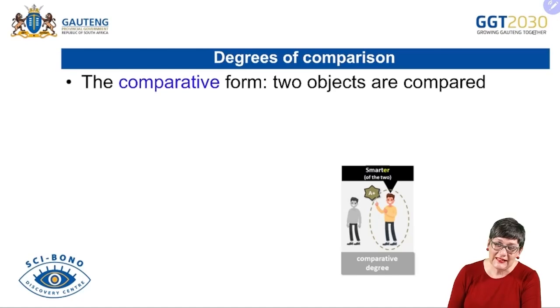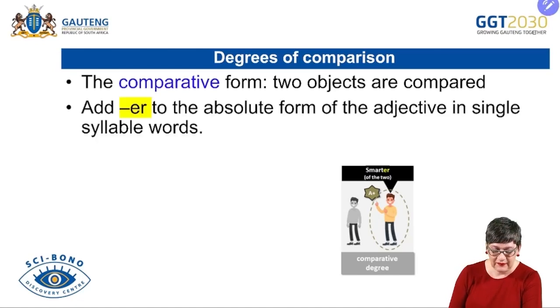So in this case, two objects are compared with each other. Now, to form a comparative degree, you need to add ER to the absolute form if your word is of a single syllable. And that's really important to remember.